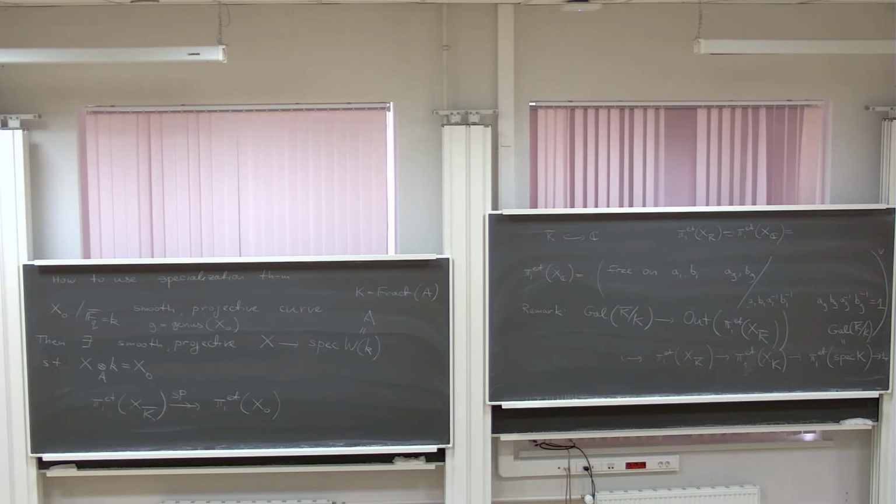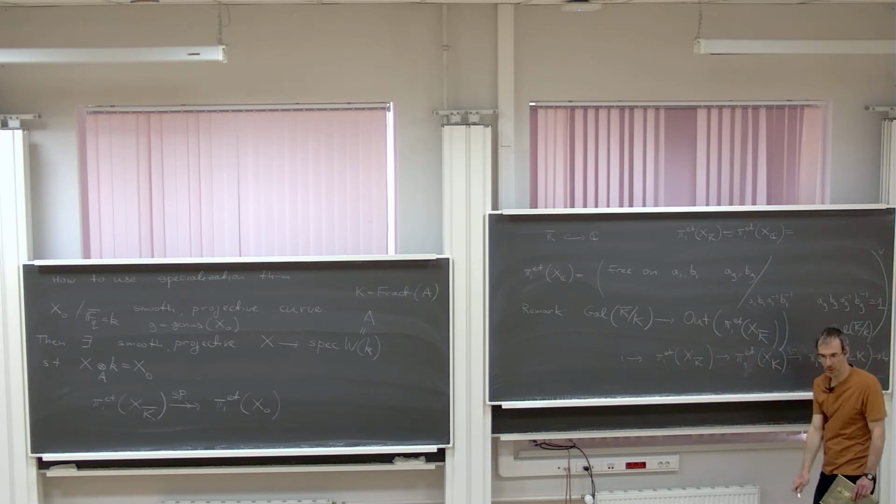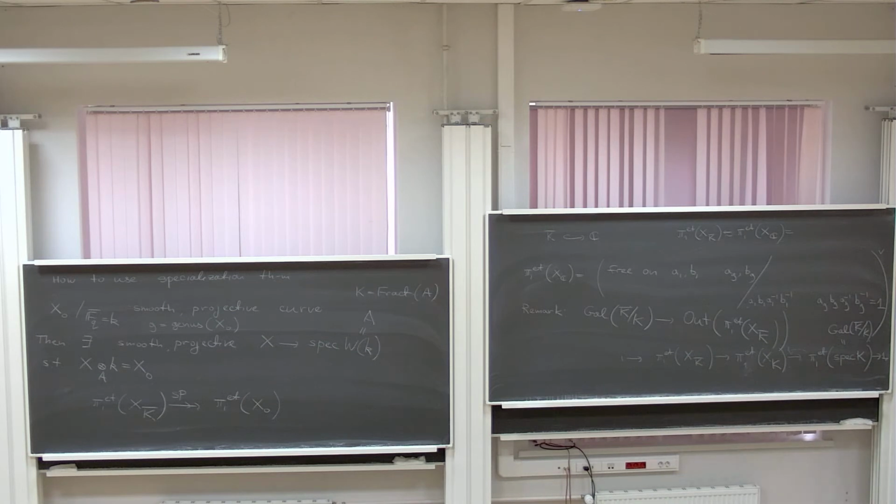But if you fix a k point on X_k, then it gives you a section, which makes this into a semi-direct product of this group and this group. And then it gives you an actual action of this group here, but it depends on the choice of a point. Well, there is a whole theory.